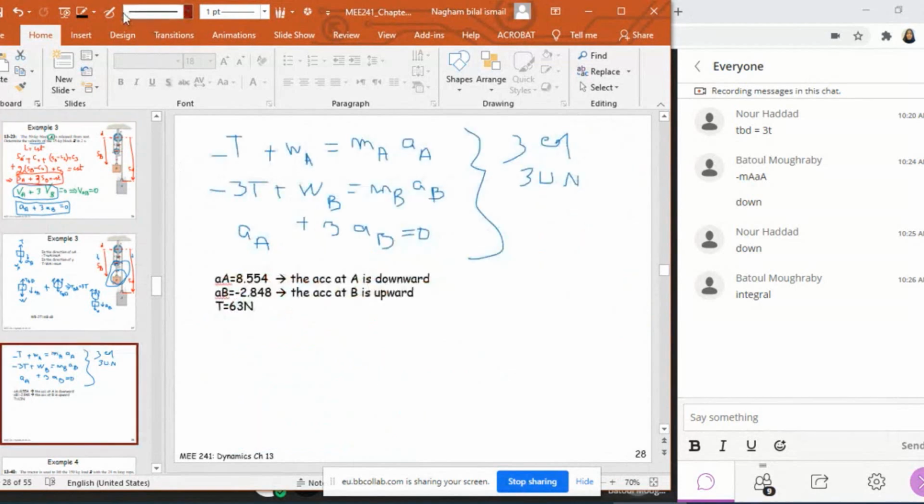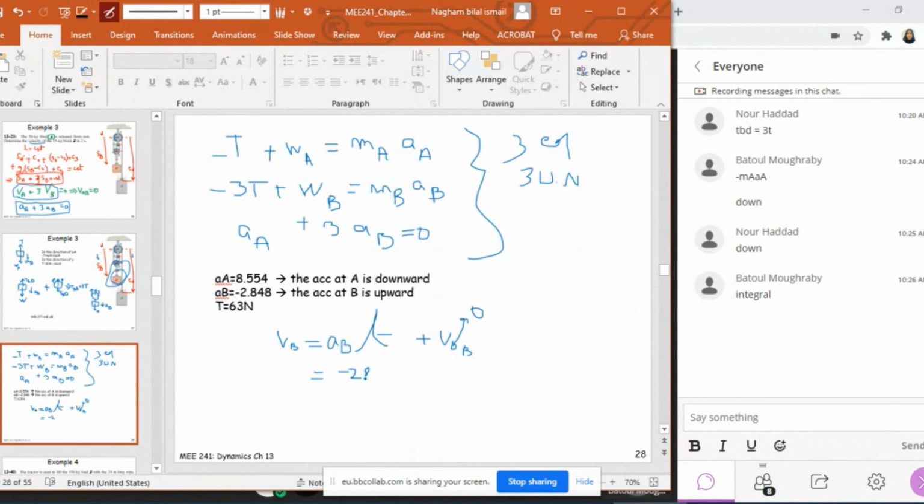All right? So I know, guys, that vB is equal to aB t plus v0B. Since v0B is equal to 0, because it starts from rest, and t is equal to 2 seconds, aB is minus 2.84.